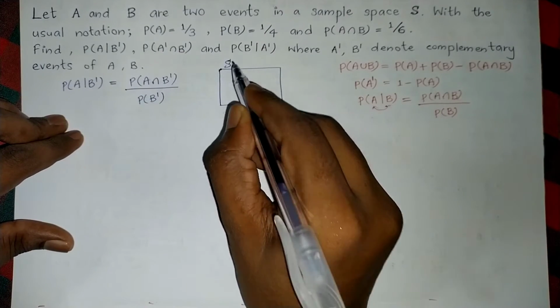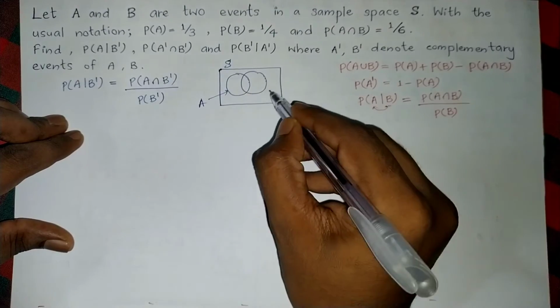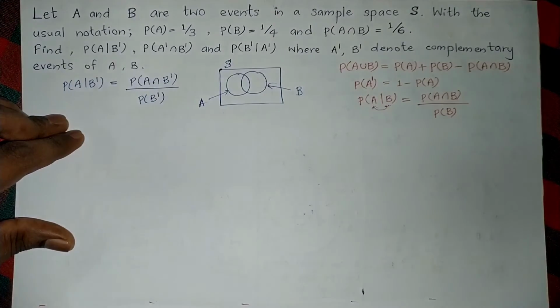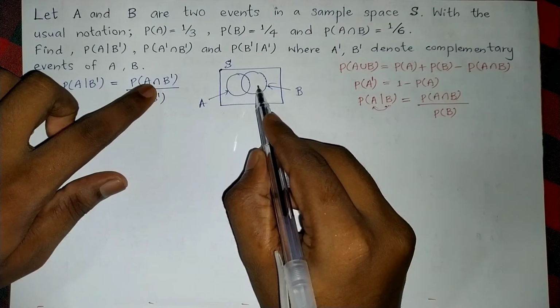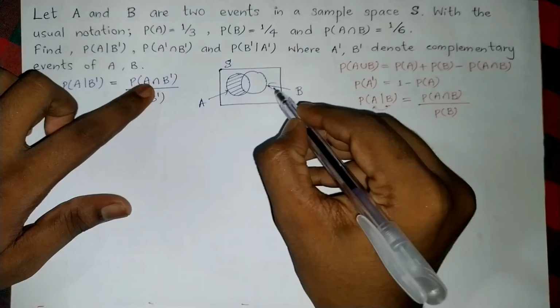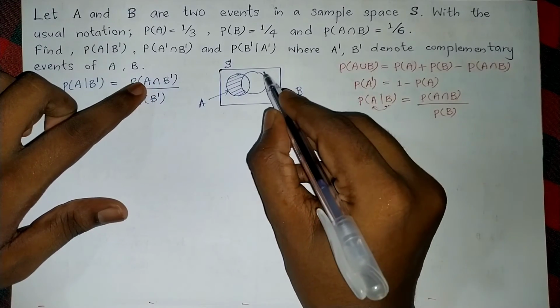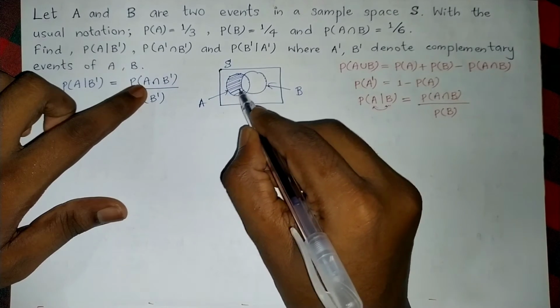Let's say in the sample space we have two events, A and B. A intersect with B dash is actually this region. B dash is everything except B, and it should intersect with A. So this is the region.